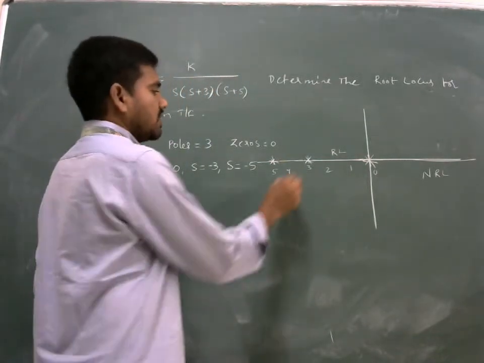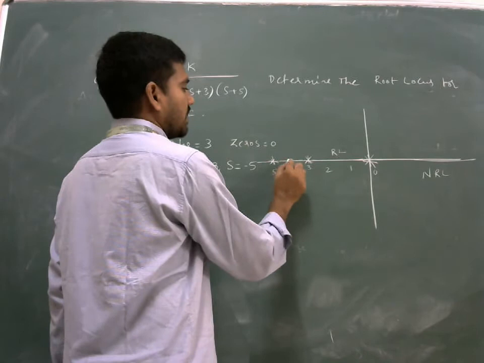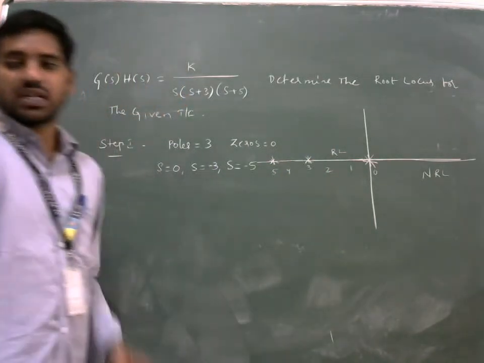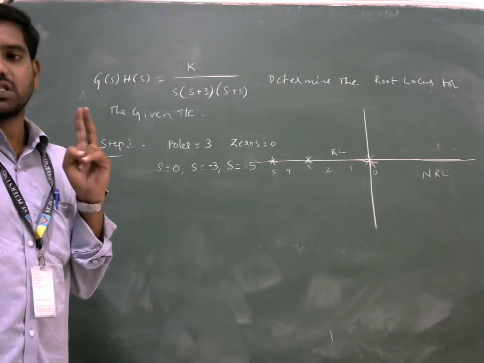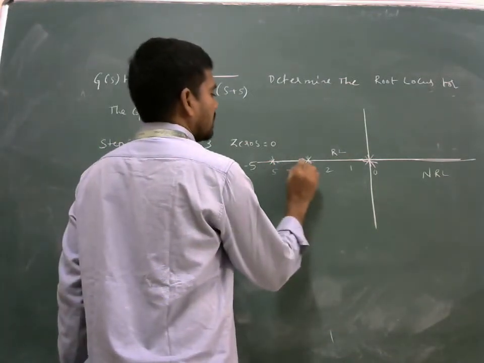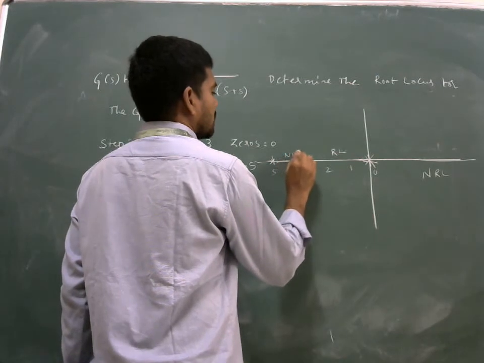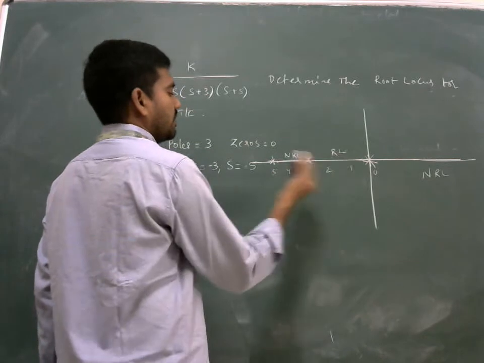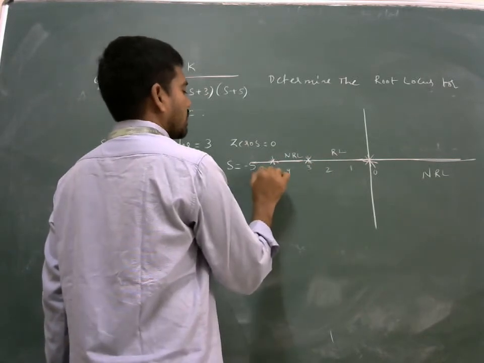Next, between minus 3 and minus 5, on the right-hand side of minus 3, how many poles and zeros are there? 2. We only need to focus on the real axis. That means here we have no root locus. Again, after minus 5 there will be a root locus. Why?